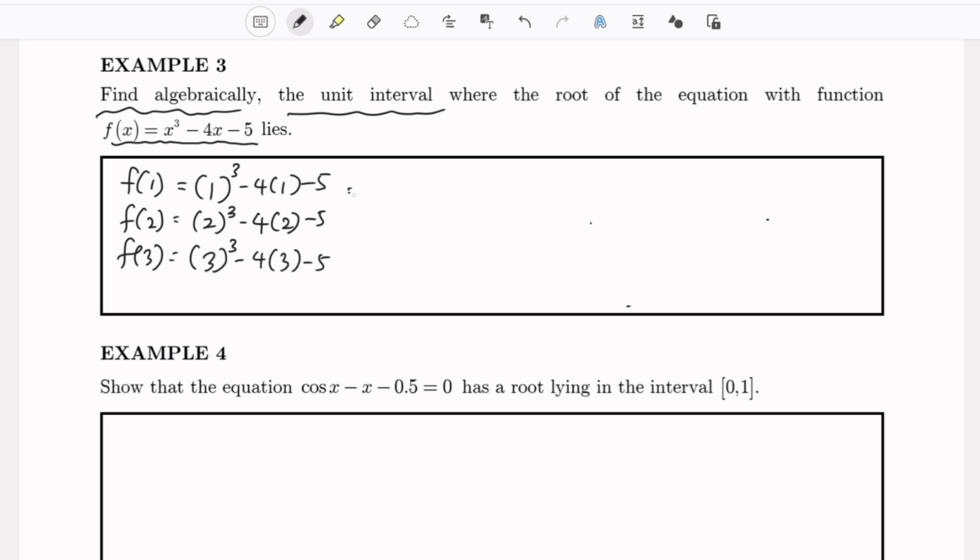So press your calculator. You get -8, -5, 10. So this is less than 0, greater than 0. Between these two, you have a change of sign.